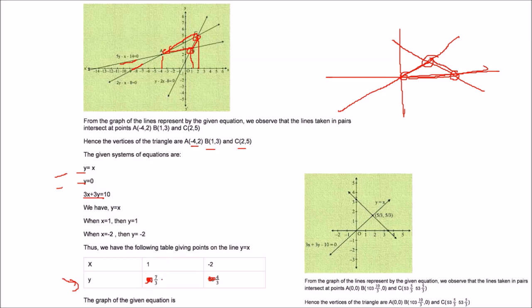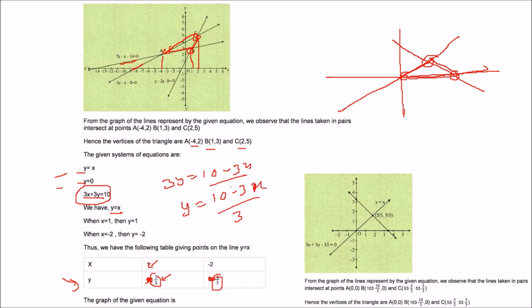But here, if you find some value which will make x some integral value, so here we are putting x equal to 7 by 3 and y equal to 4 by 3, because 3x plus 3y equal to 10. For y equal to x, it is okay, y will be x. But for 3x plus 3y equal to 10, 3y will be equal to 10 minus 3x, and y will be equal to (10 minus 3x) by 3.